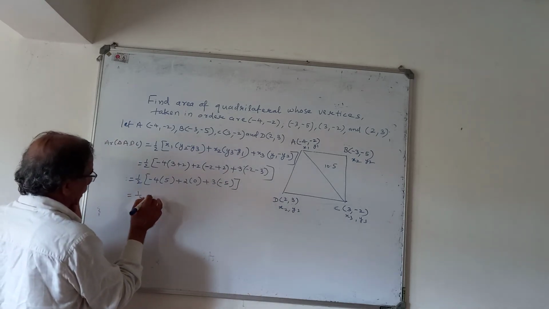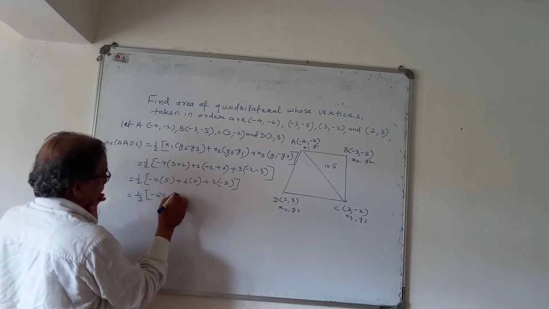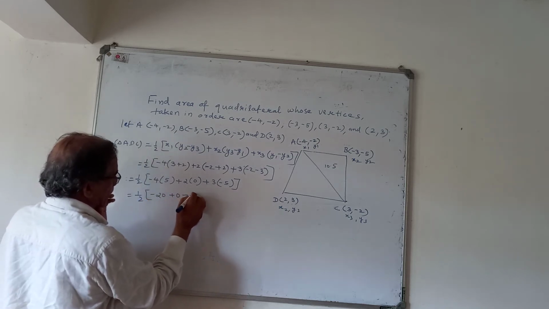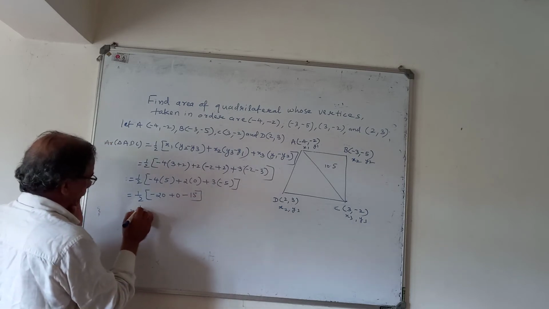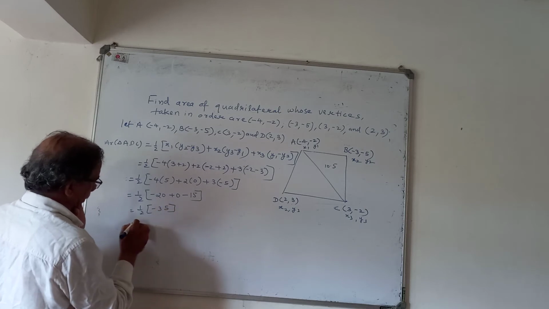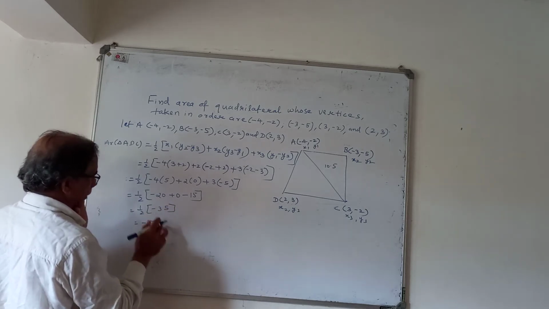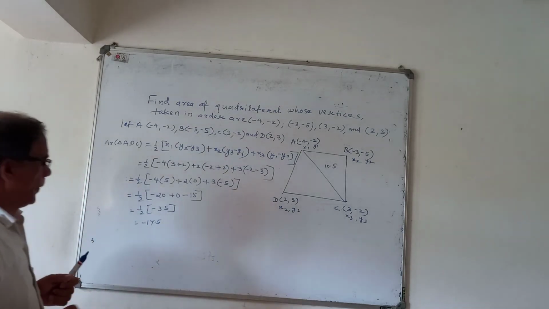So that is half into minus 20 plus 0 minus 15. That is half into minus 35, that is minus 17.5. Now see, here we have obtained a negative answer.